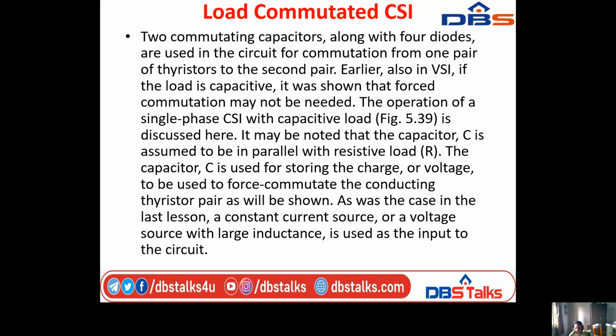But in the CSI, the capacitors are in parallel with the load. The capacitors charge and store energy, which means we use forced commutation of the conducting thyristor pair, as will be shown.